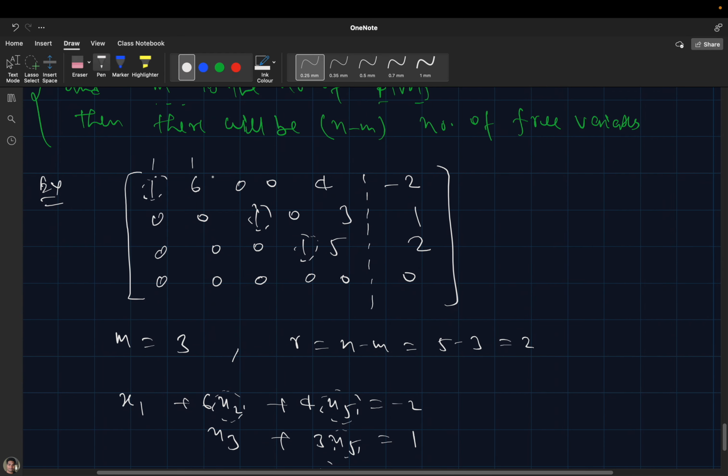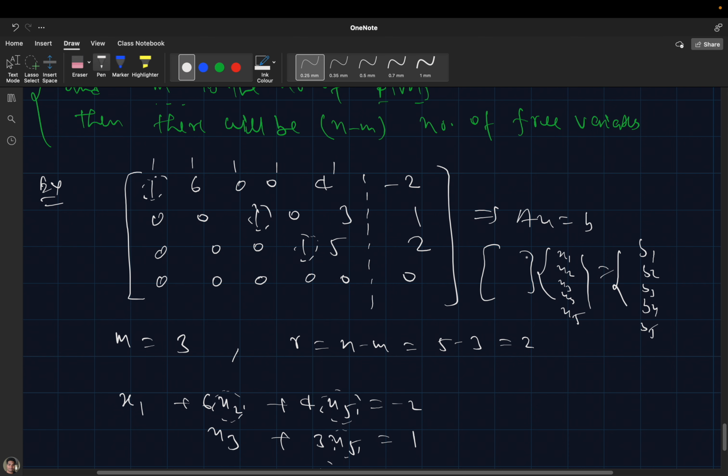So how come n is 5? n is the number of columns, which are the variables, because this augmented matrix is in the form Ax equal to b. So this is x1 x2 x3 x4 equal to b1 b2 b3 b4 b5. Suppose n equals 4, then that number of columns will be multiplied by this.